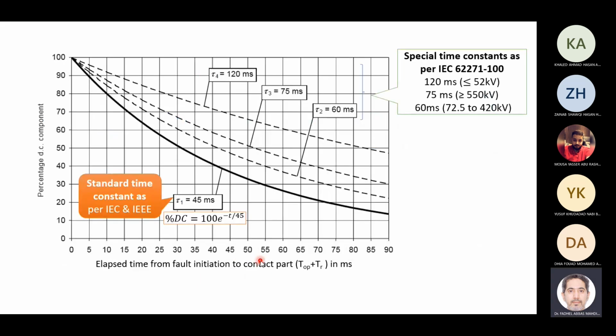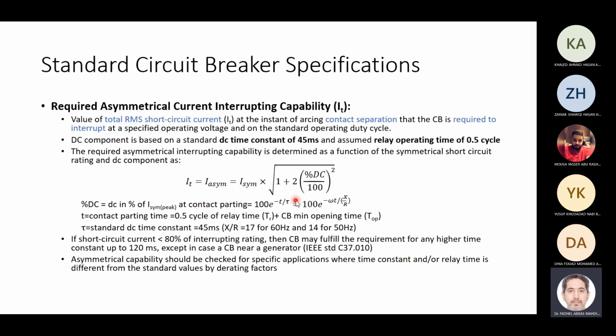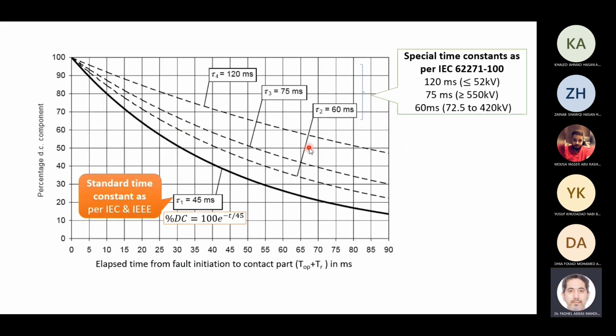This is the IEC. In IEEE they specified 45 milliseconds, but in IEC they specified also other values. These are the standard values. This is now the elapsed time, meaning the interrupting time, the contact parting time from the relay time plus the circuit breaker mechanical operating time.